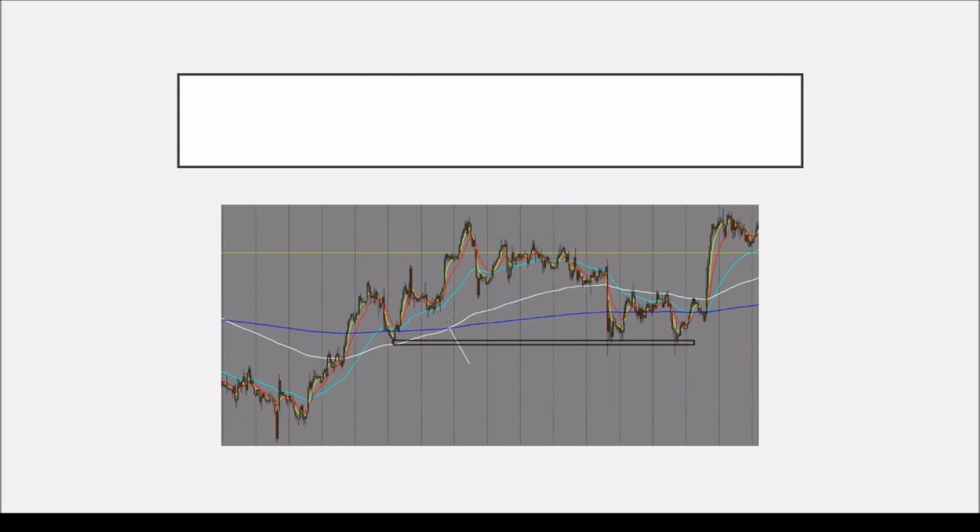Here's another example whereby we had the 200 and 800 crossover. After the 200 and 800 crossover, we anticipated to see the market coming to the 800, which is this one. At the 800, the market did not stop, but it went on to the zone of reversal that once happened in the past, which is this one.